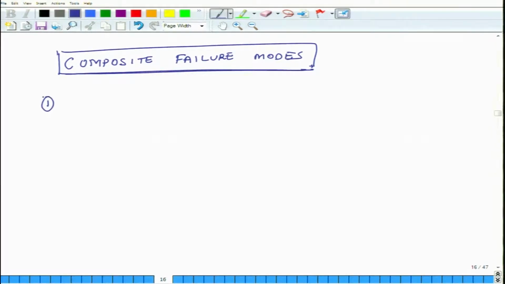So, the first situation we will discuss is failure when the load is longitudinal tensile. In this the composite can fail in different ways, we will discuss those ways.